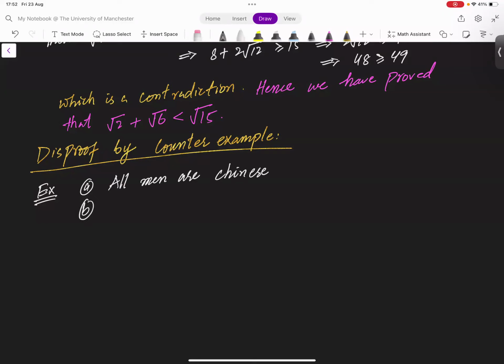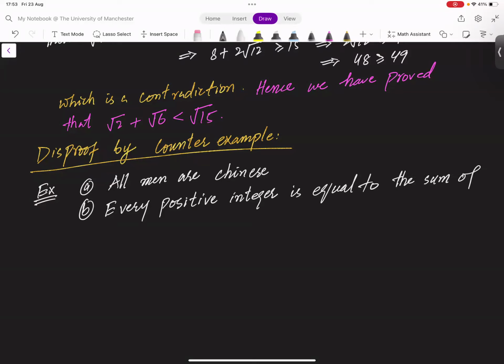B, every positive integer is equal to the sum of two integer squares.